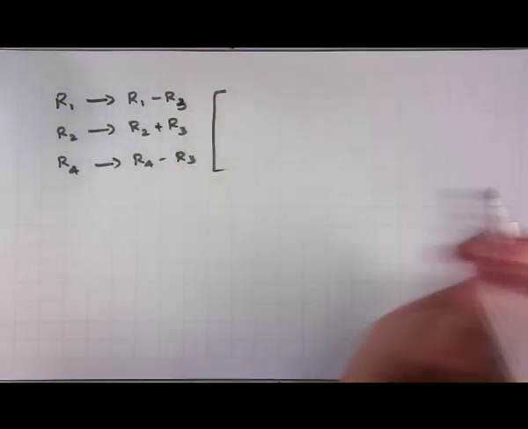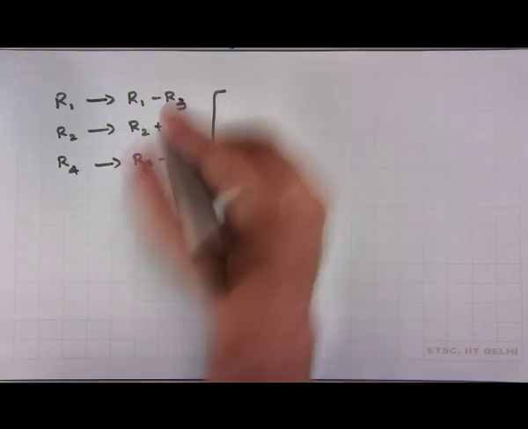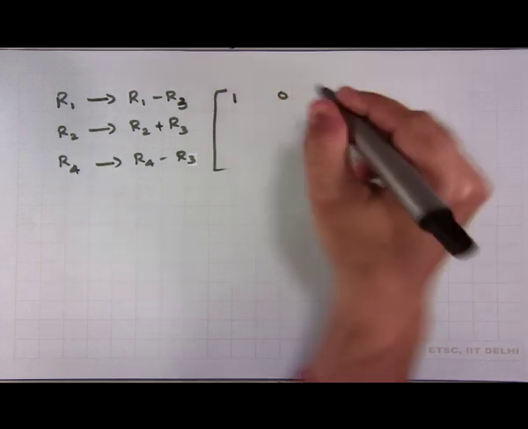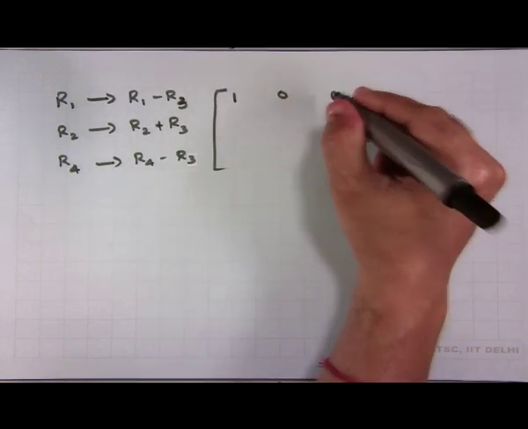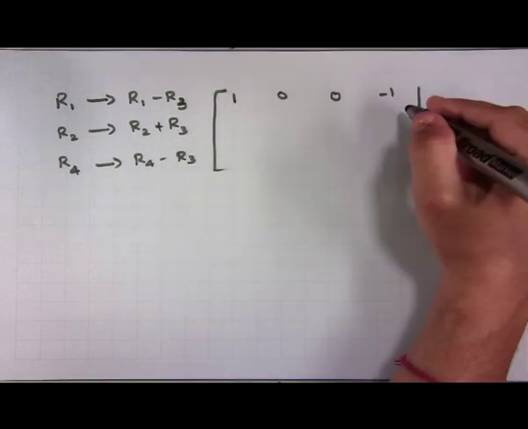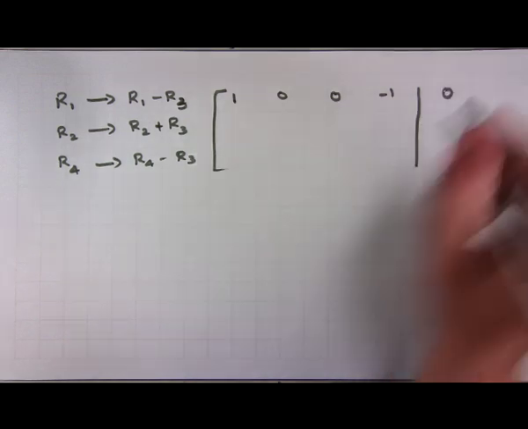First row, R 1 minus R 3: 1 minus 0 you have 1, 0 minus 0 you have 0, 1 minus 1 you again have 0, 0 minus 1 you have minus 1, and finally 13 minus 13 you have 0.